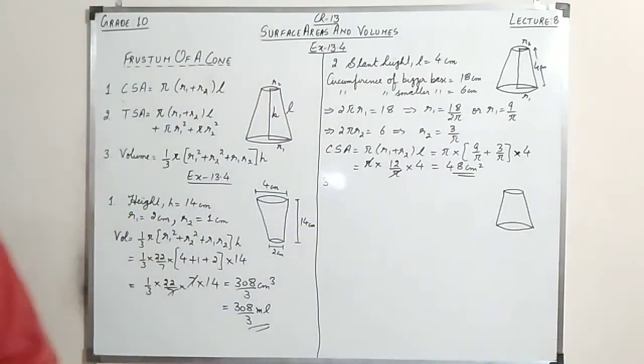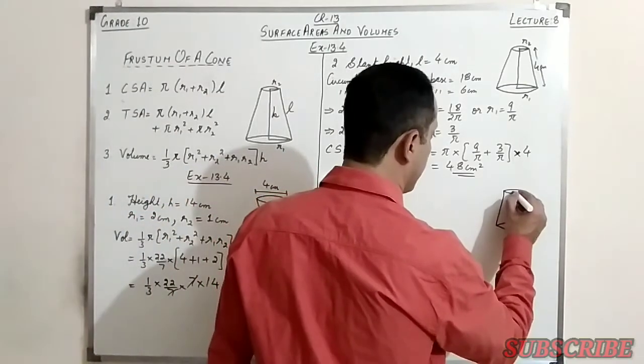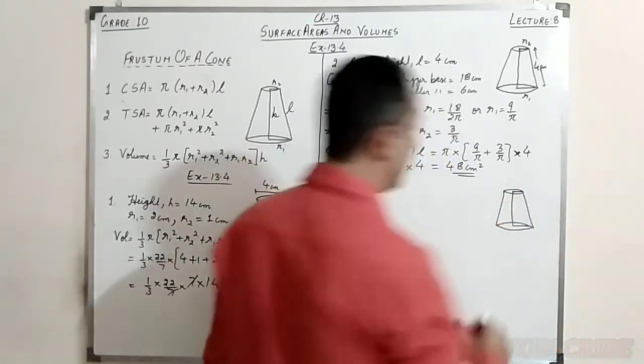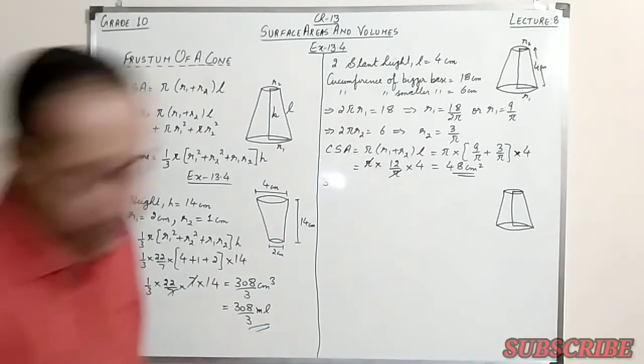Right. Now the measurements given to us are the slant height and the radius of both the bases: 10, 4 and 15.